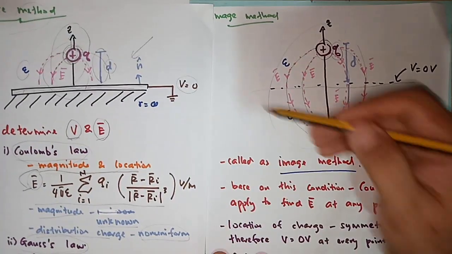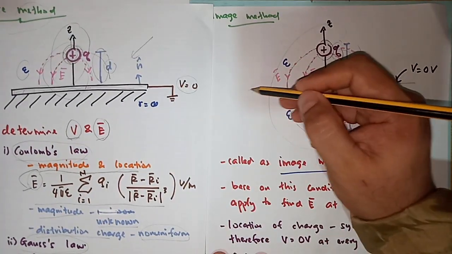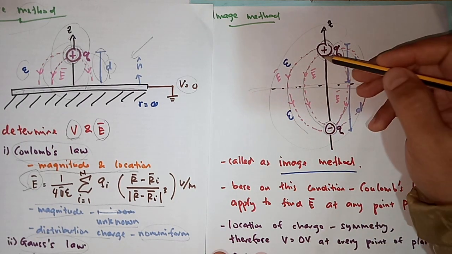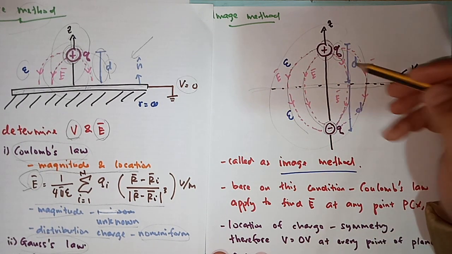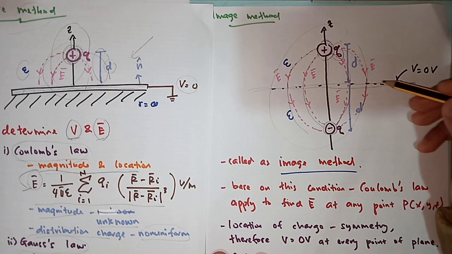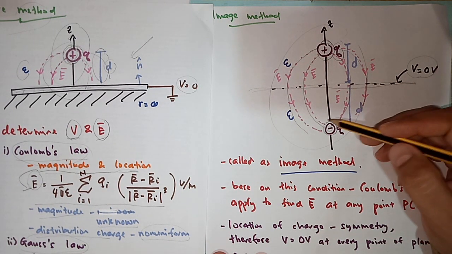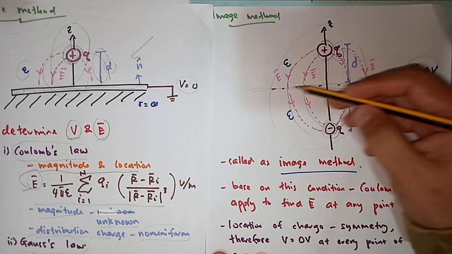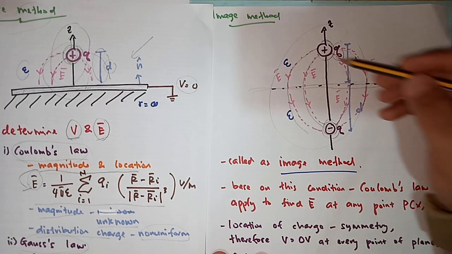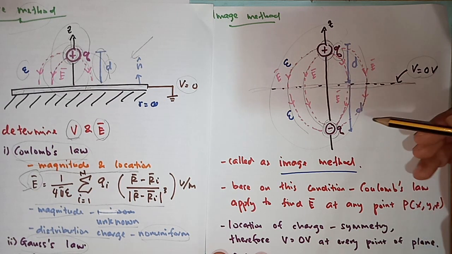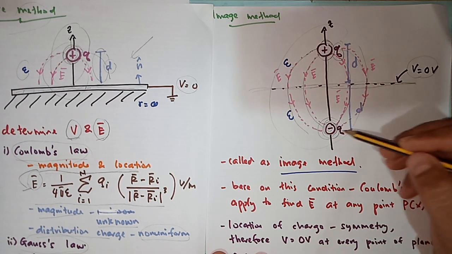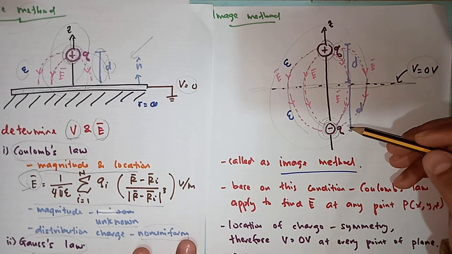But in this case, if we measure the center of the separation distance between these two charges, we will have the potential on this plane equal to 0. The distance between this charge and the plane is the same as the distance between this charge and the plane, and this charge we call a duplicate charge or image charge.